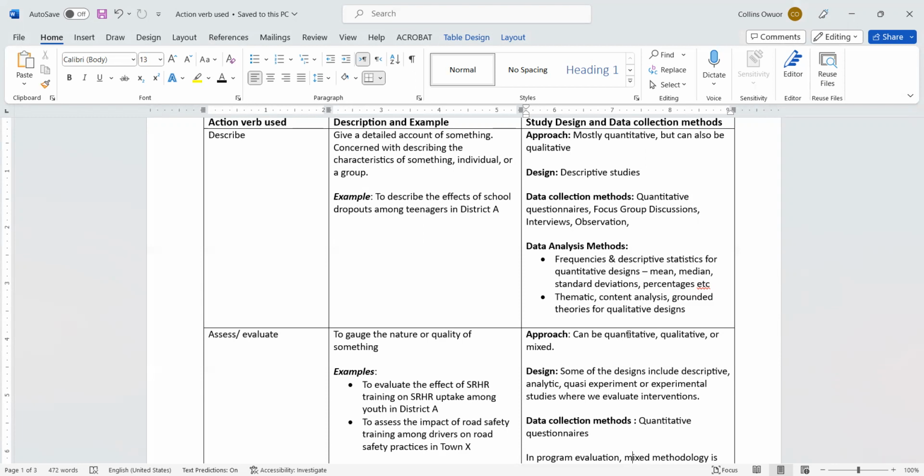So that's a descriptive statistic. The mean age of people affected by cancer is, for instance, 45. That's a descriptive statistic. We could also have median, standard deviations, percentage. So all those are the various statistical methods that we use for the objective whose main purpose is to describe. That is for the case of quantitative.